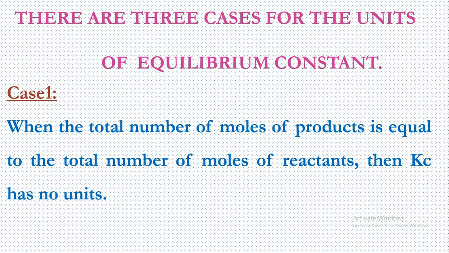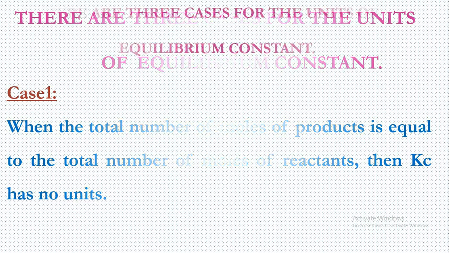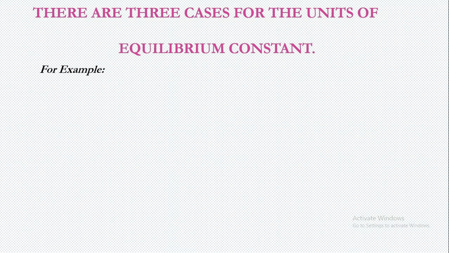If the number of reactant and product in moles form, simply we call it moles of reactant and moles of product, are the same in number, the Kc value will have no unit. For example, we have a chemical reaction, that of hydrogen iodide.